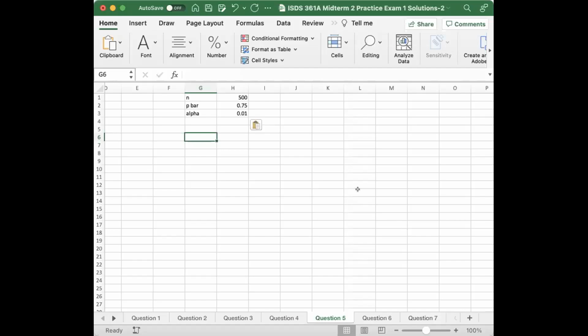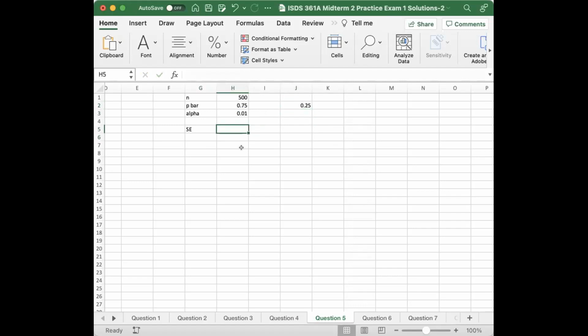Okay, so we are trying to get our standard error, and we said the formula is the square root of p-bar times 1 minus p-bar, divided by n. What I would like us to do is calculate the 1 minus p-bar to the side, because this is going to make our formula a lot easier. So let's do 1 minus p-bar. Okay, so that's 0.25. Now let's do the standard error formula.